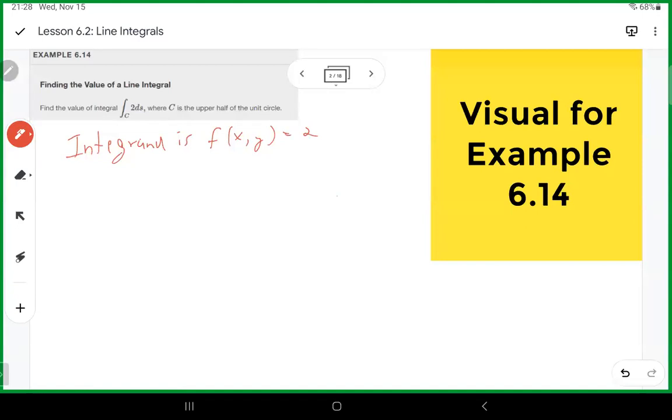The figure that I'm going to show you shows the graph of the integrand, there you go, curve C, and the sheet formed by them.